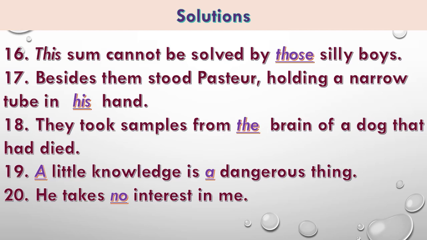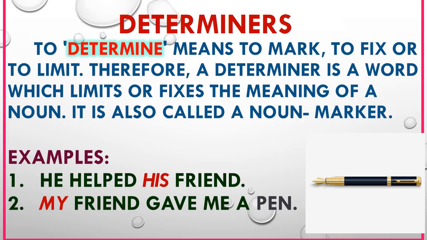Last one is, he takes no interest in me. Okay, students, good. I hope all your answers are correct. So students, this was the practice task of this lesson. I hope you have enjoyed this lesson too. Let's conclude this lesson by discussing the definition once again.